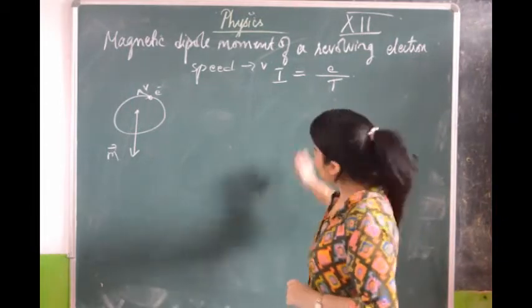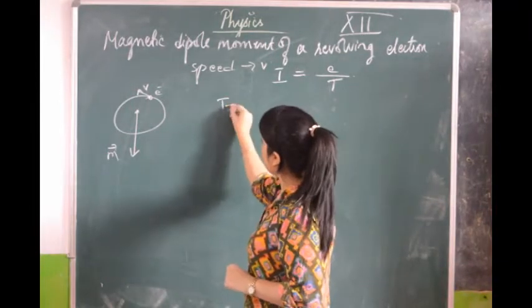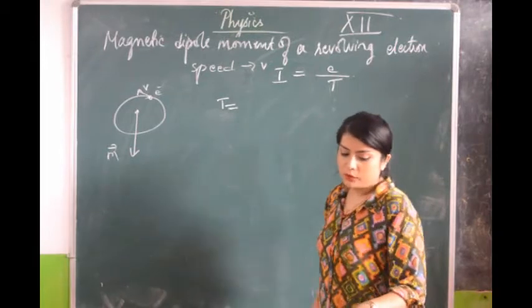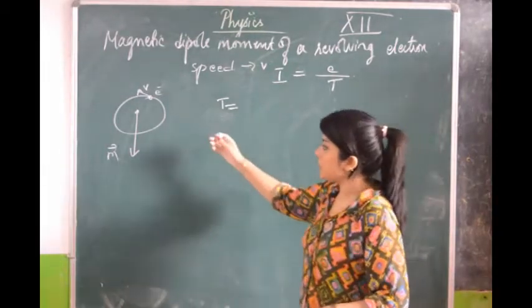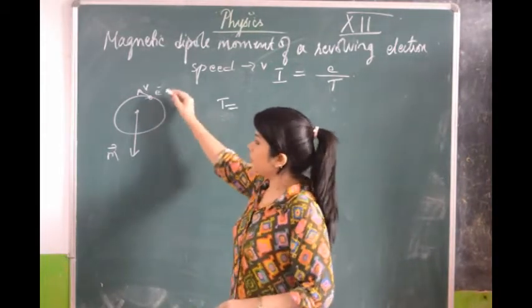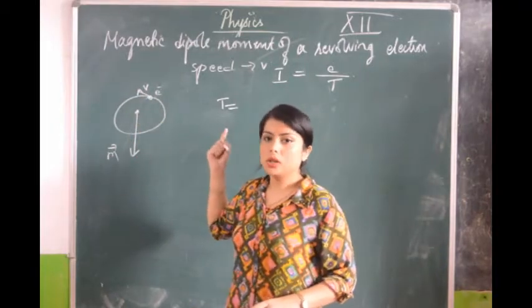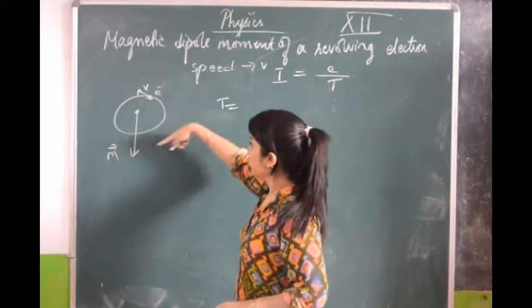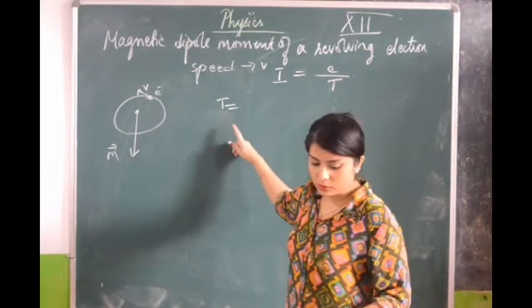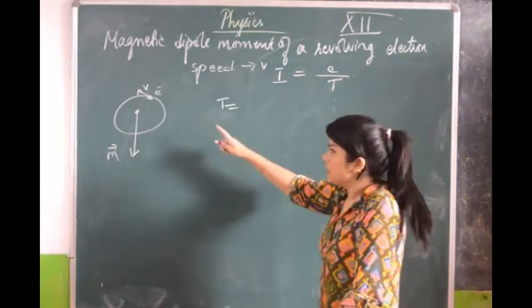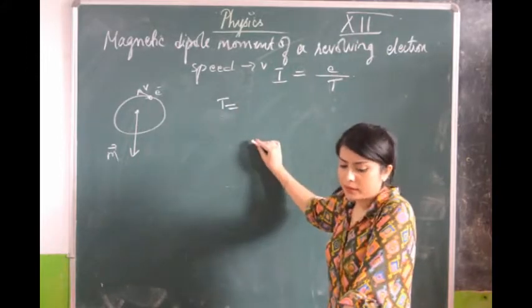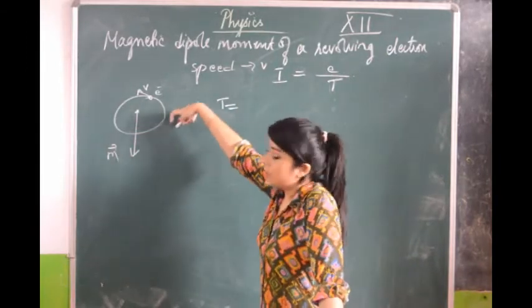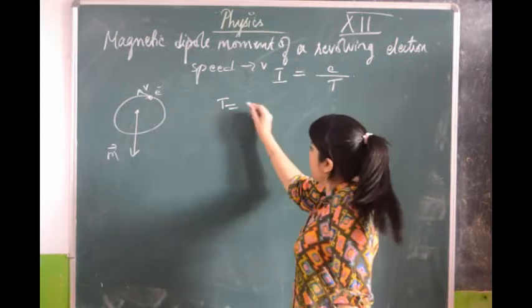Now let us find the equation for the time period. For one time period the electron travels one complete revolution. Speed is equal to distance divided by time, so time period is the distance traveled by the electron divided by its velocity.